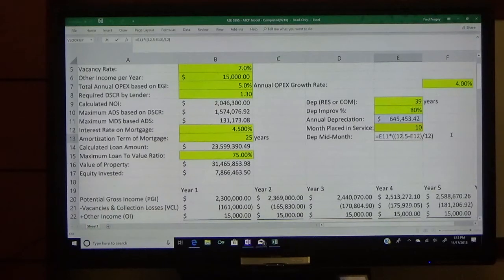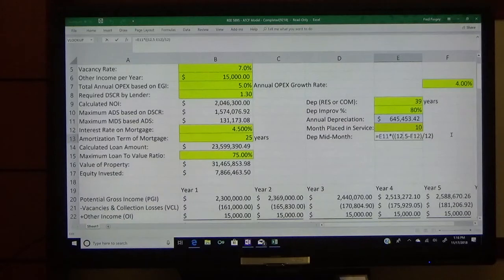That's saying that if it's placed in service in October, you get 2.5 months' worth of depreciation, which is equivalent to 20.83% of the year.